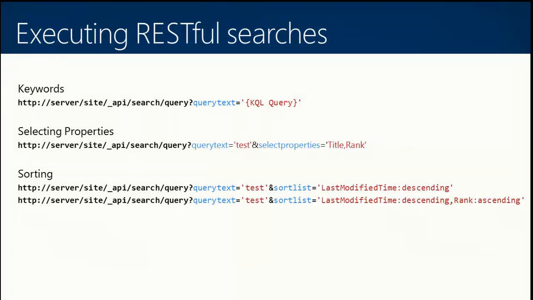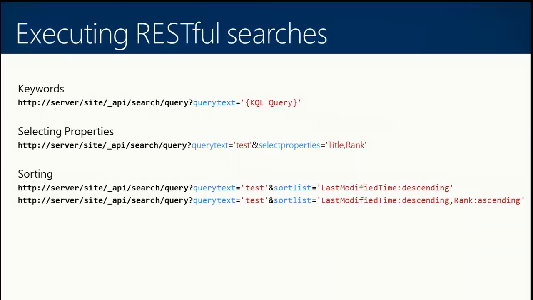That's where everything starts: _api/search/query. Then you can put query text equals, and you can provide any legitimate keyword query syntax right there inside the URI. And if you take that URI and paste it into a browser, it's going to spit back a bunch of XML that has all the search results in it.